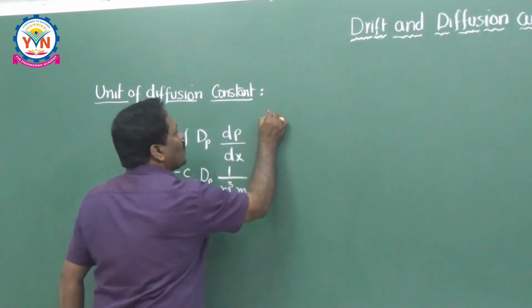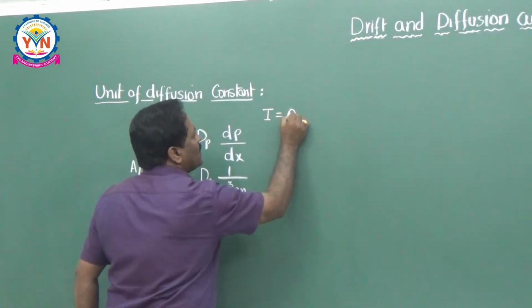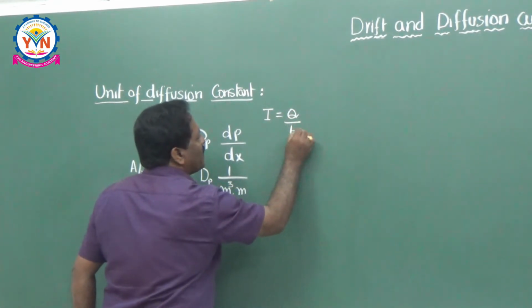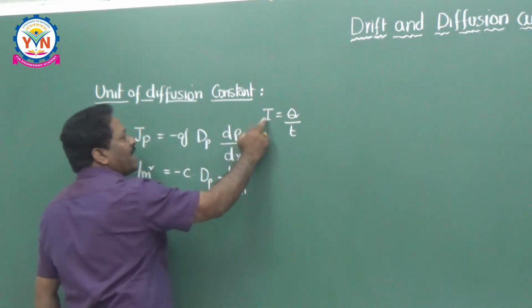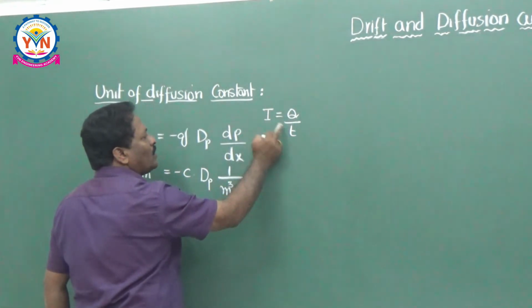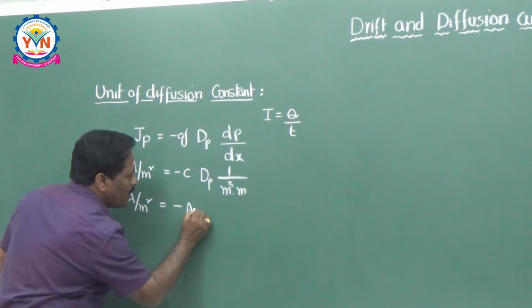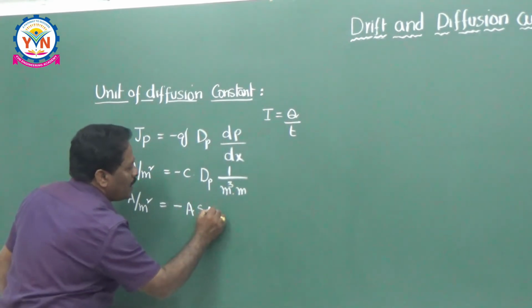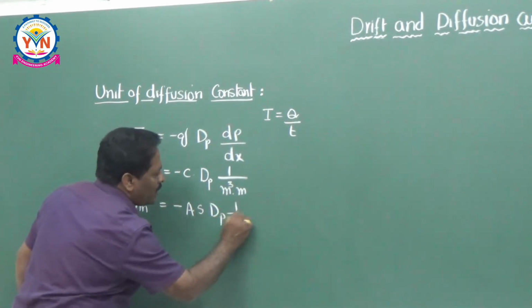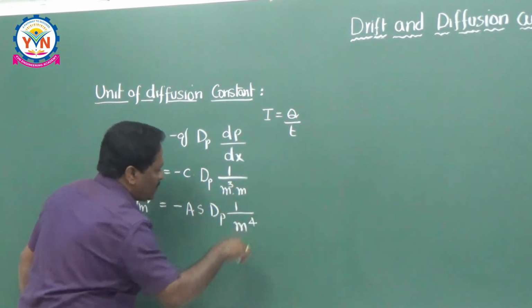Ampere per meter square is equal to minus coulombs. I is equal to q by t, so current is nothing but charge by time. Coulombs means ampere into second, because q is equal to I into t. So I can write ampere into second into Dp by 1 by m to the power of 4.